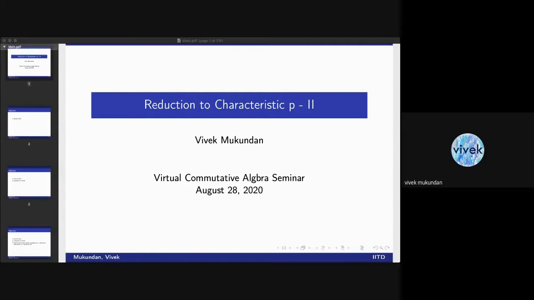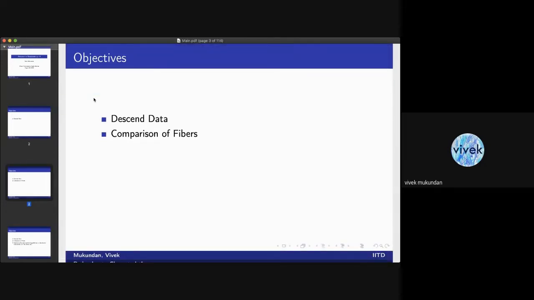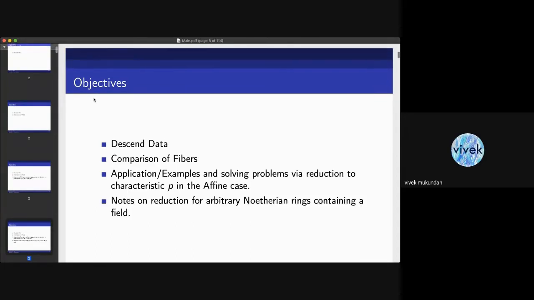First, the reduction to characteristic P technique for an affine algebra, like what we did on Tuesday, a very fast brush up, and then use that to solve problems, application by example. Then, if time permits, and I'm sure there will be, give some notes on the reduction for an arbitrary Noetherian ring containing a field.